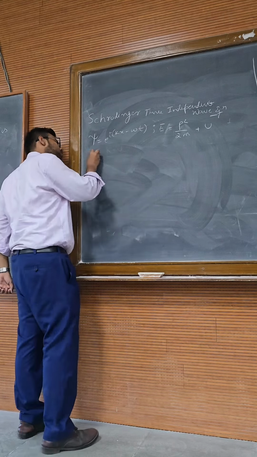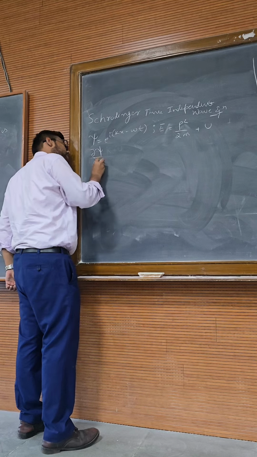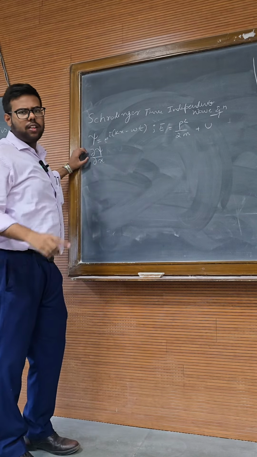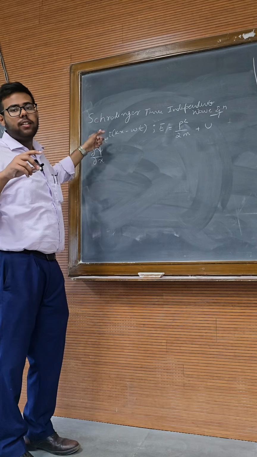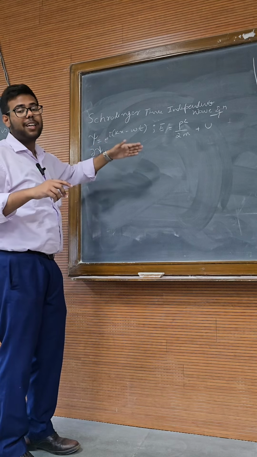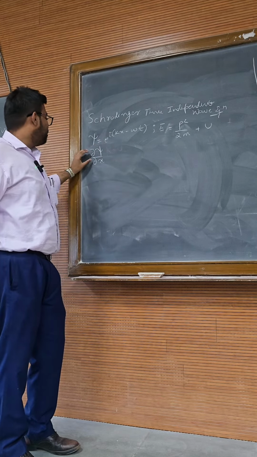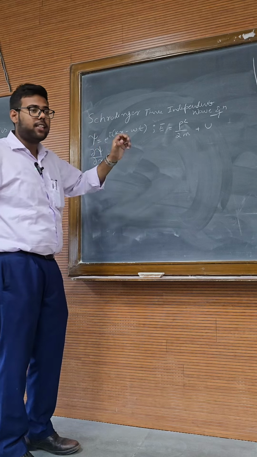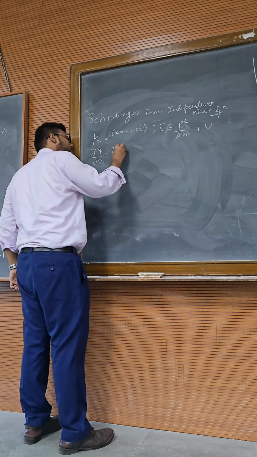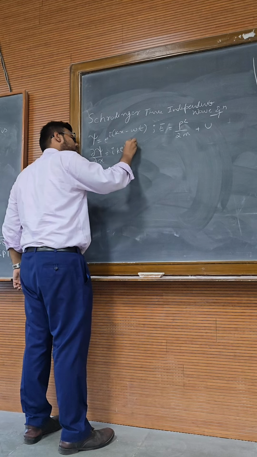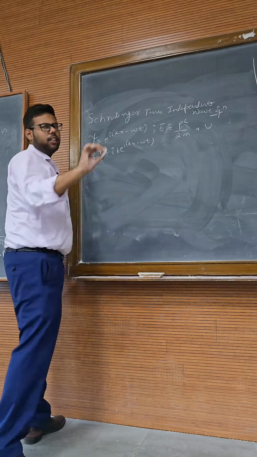So del psi by del x. Why am I using the del operator, not the d operator? Because it is dependent upon two variables, so that is why we are differentiating with respect to one variable, that is x. That is equal to ik into e raised to the power i of kx minus omega t. Just solve it, you will understand how.